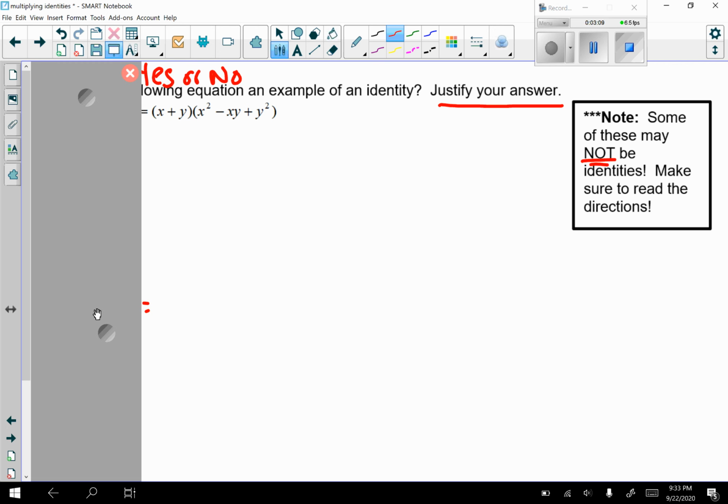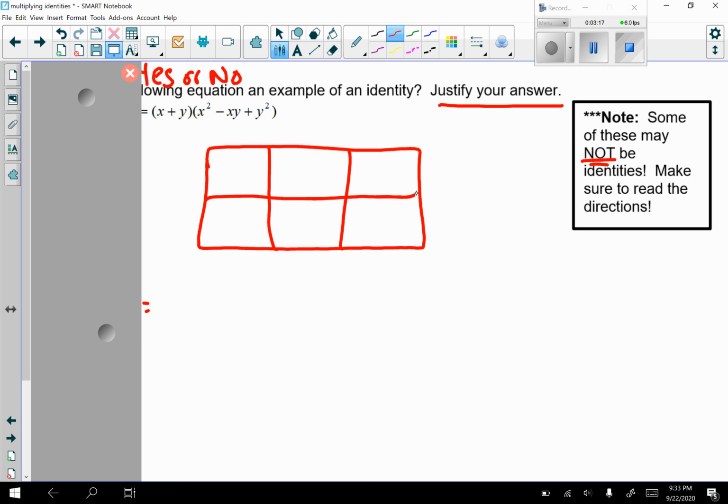So I have the box method. I have 2 by 3. So I'm going to set up 3 columns, 2 rows. So I have x + y, x^2 - xy + y^2. X squared times x is x to the third. X squared times y is x^2y.